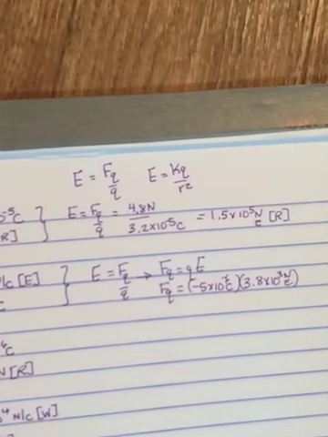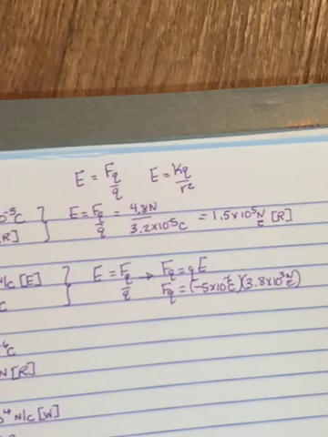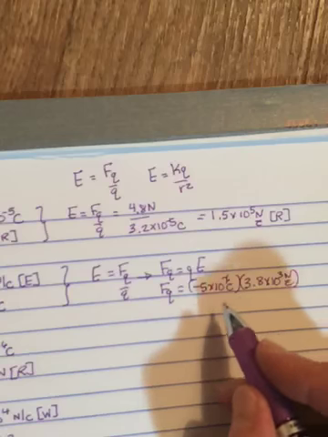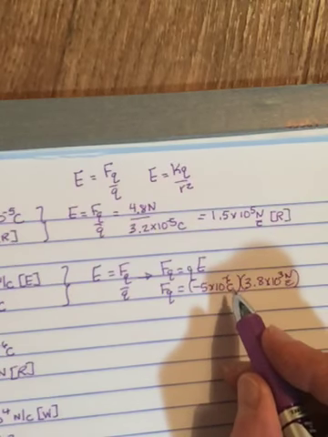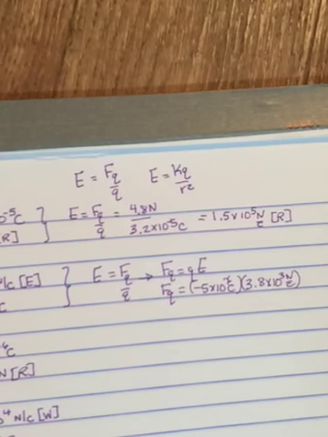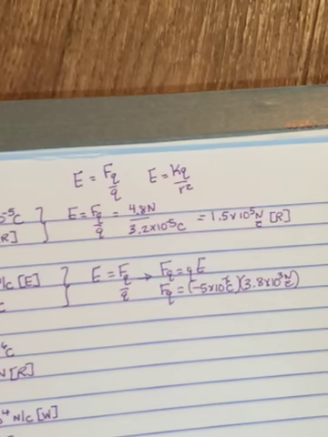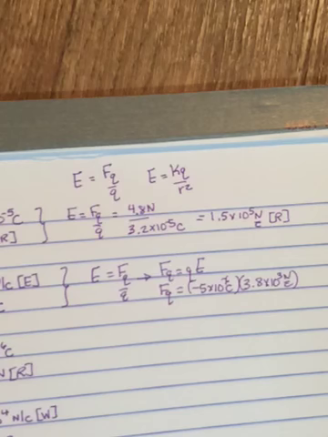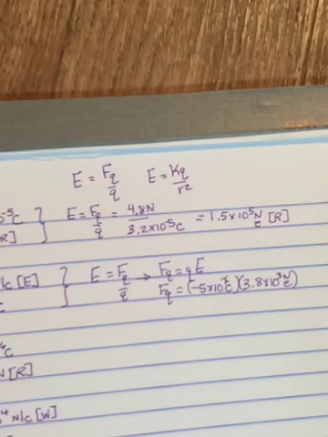So 5 times 3.8 is 19, positive 3, negative 6. I should just do this on the calculator, it'll be quicker. 5 to the negative 6 times 3.8 to the positive 3.